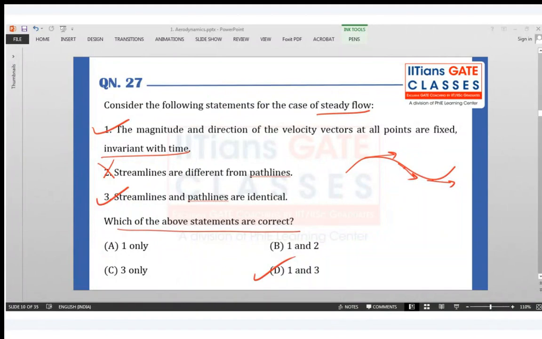Just go through them, make sure that you understand them. Nobody is going to ask you the definition of it. When you read something, you need to understand the physics behind it, or what the statement is trying to say, rather than just simply memorizing the definition. So you have to keep that in mind.